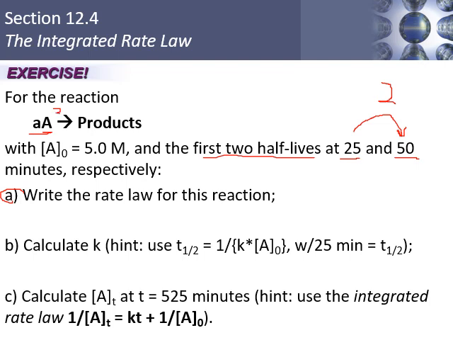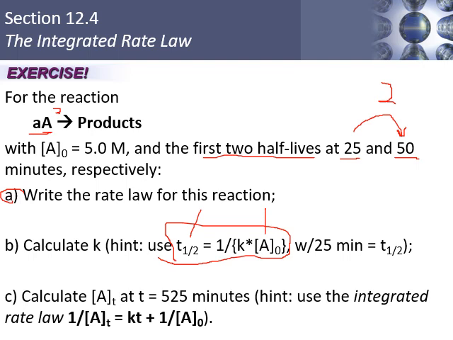All right, B says calculate K. So the integrated rate law here would be something that we couldn't quite use because we don't have enough information, but we can solve this part by using this equation for the half-life. So T1 half is 1 over K A naught. So if we want to know what K is here, then we have to put in the T1 half and the A naught. And it turns out you can do this one two different ways.